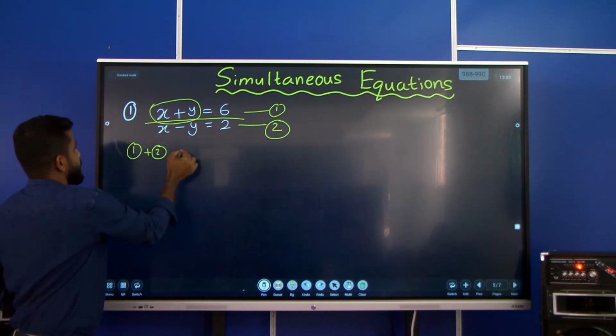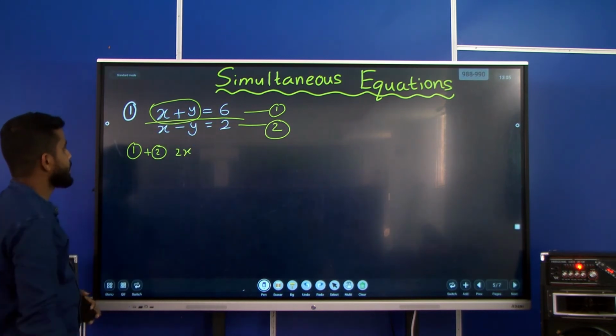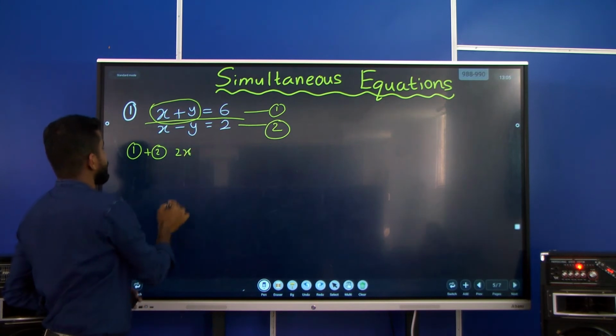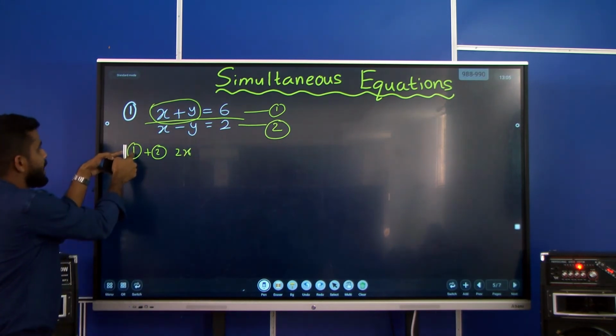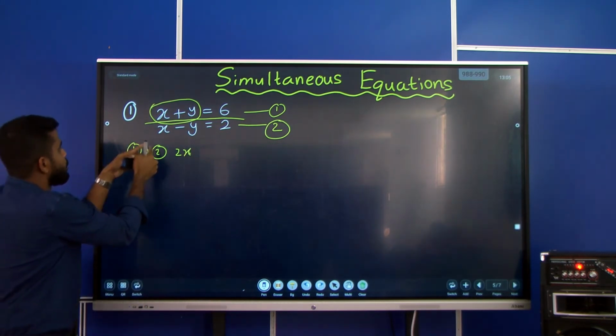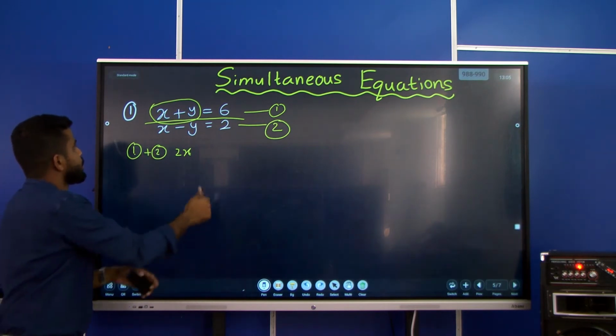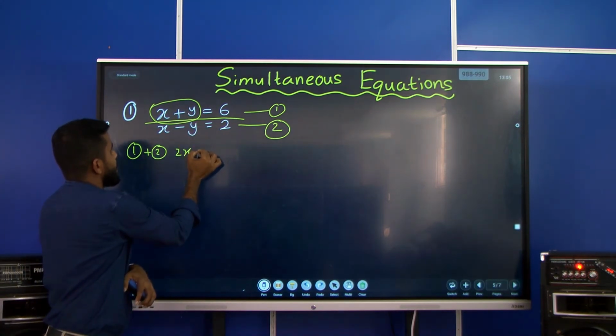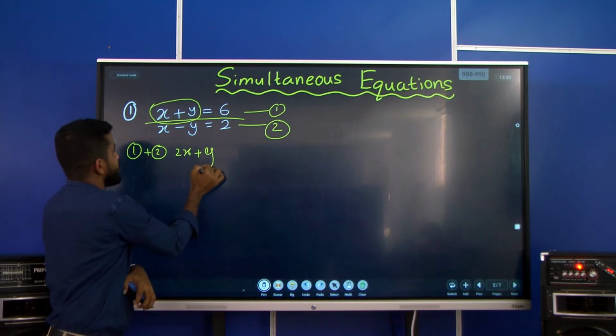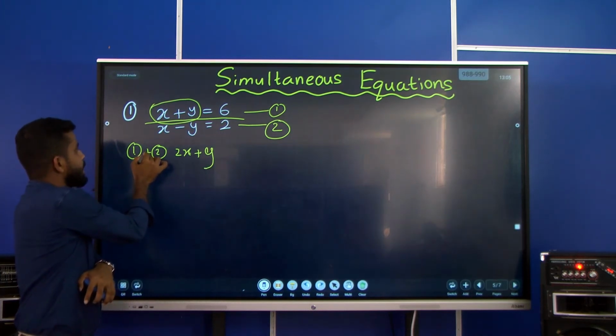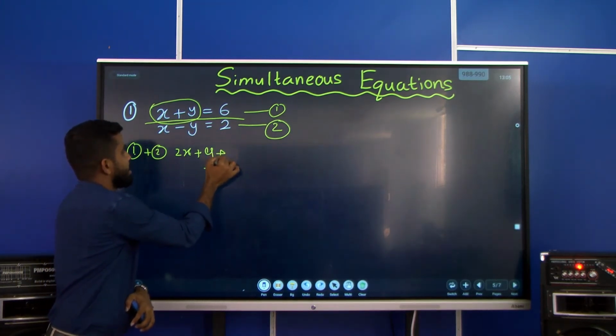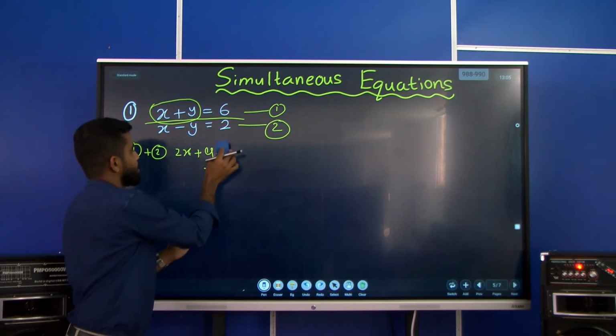x plus x, so x plus x, 2x. All the elements from equation 1 would be added with equation 2. So y plus y, very carefully check. Then I'm going to write the symbol plus.